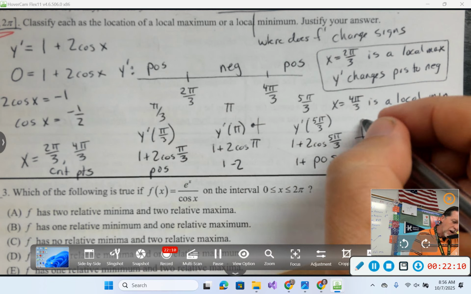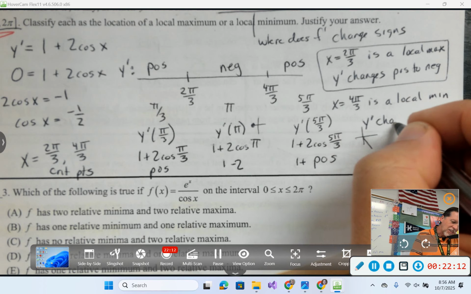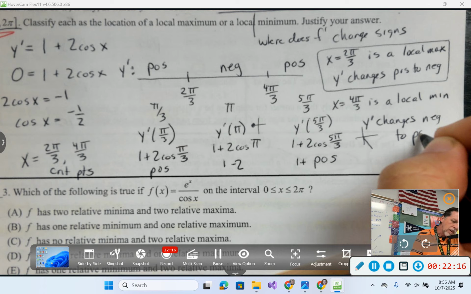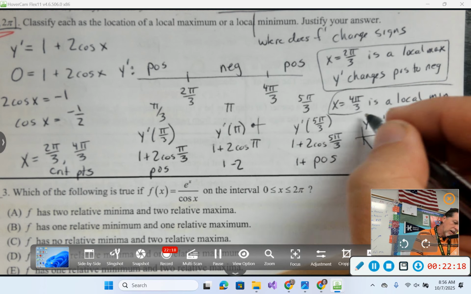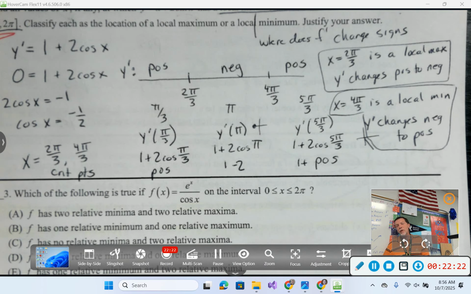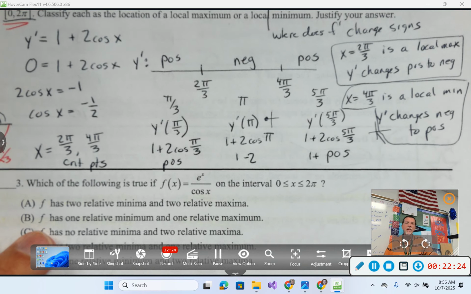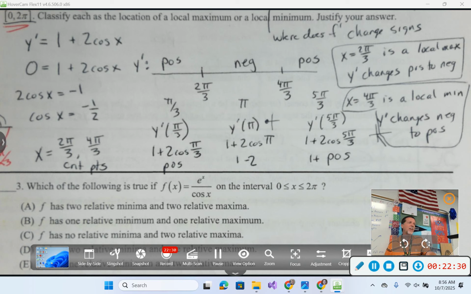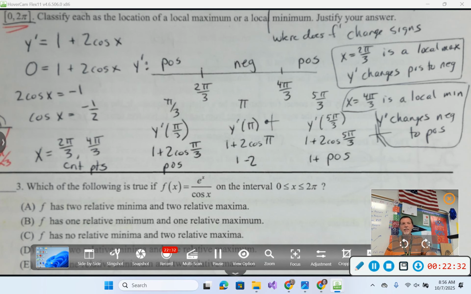There you go, y prime changes negative to positive. Don't say "it" in an explanation, because we don't know if you're talking about y or y prime or later on y double prime. Are you referring to g or f? Because there might be two different equations. I'll probably know what you're talking about, but you need to be clear.